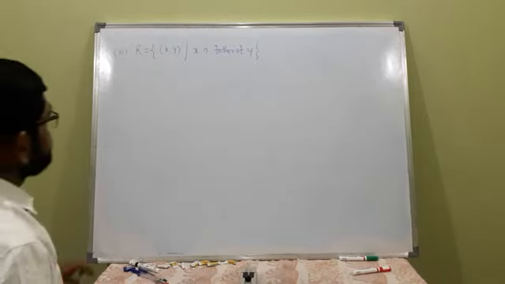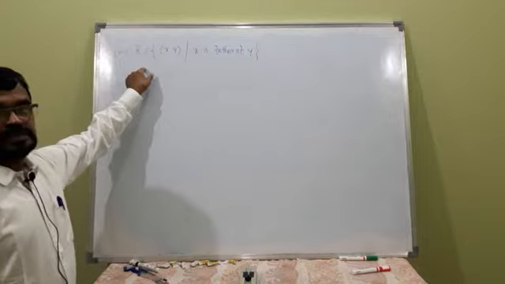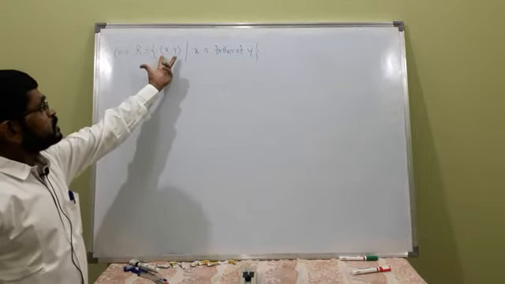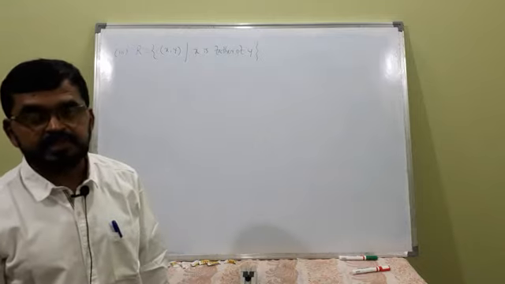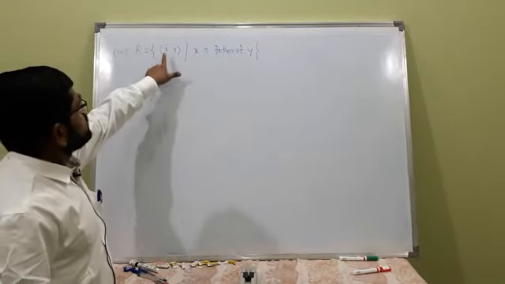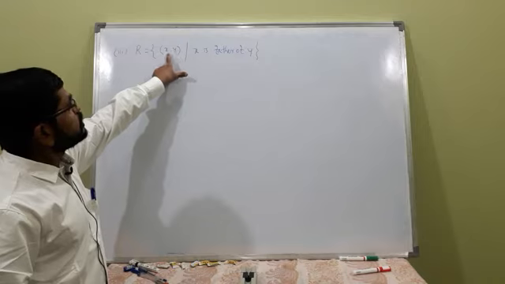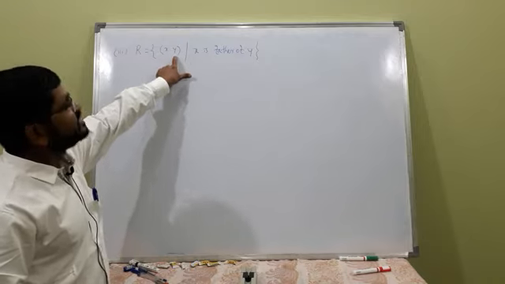See here another example. Relation R is defined as (x, y) such that x is father of y. x is father of y. The first one is the son or daughter, the second one is the father.